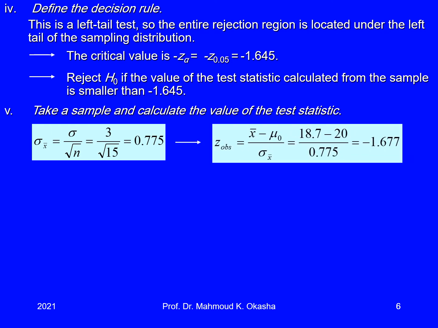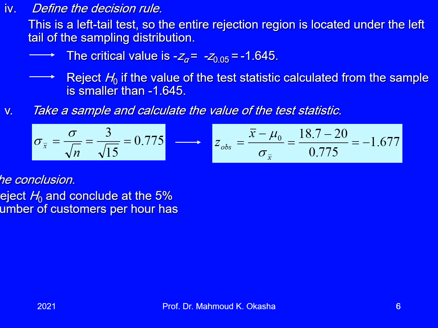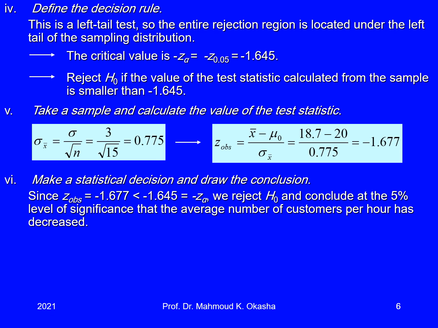Then we can calculate z as x bar minus mu naught over the standard error of x bar, which equals 18.6 minus 20 over 0.775, which equals minus 1.677.